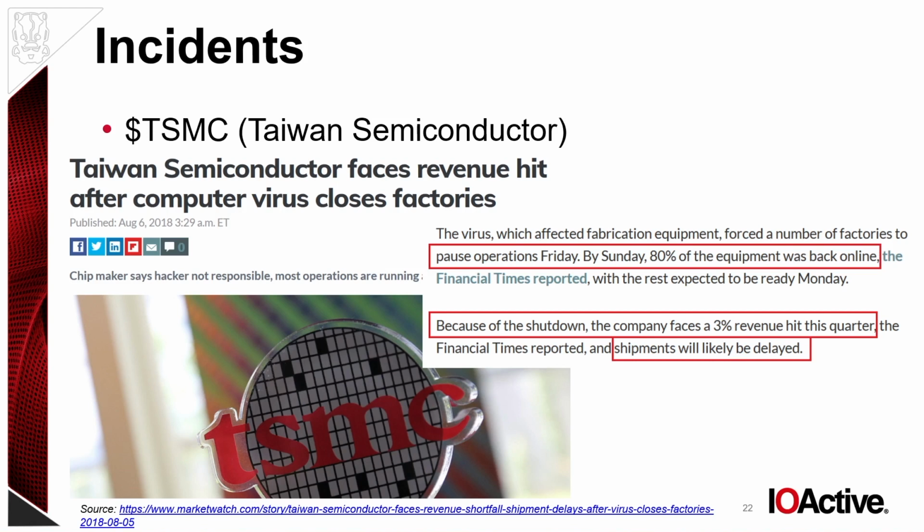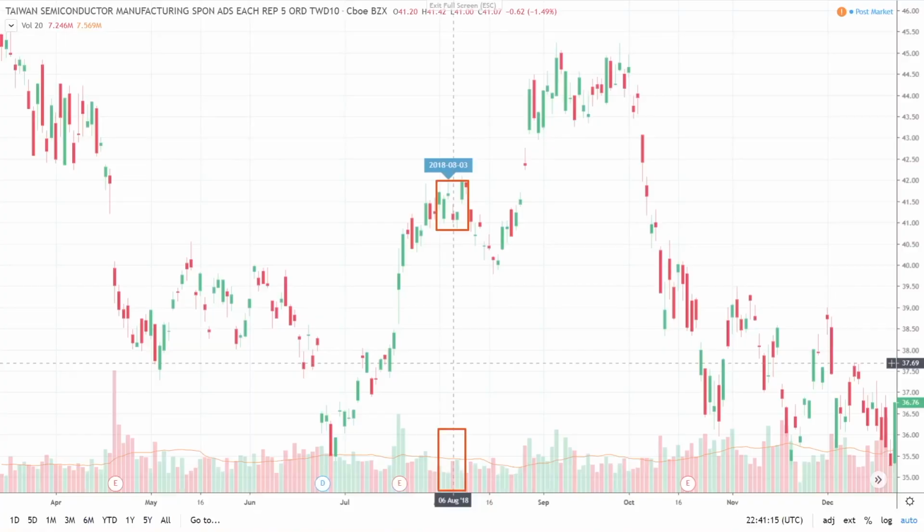As I said before, the fundamentals reflect the real impacts of these problems, such as this one. This problem will affect the revenue by 3% and the shipments will be delayed. But in the short term, we will see by Monday a small drop of minus 1.49%, but still the price went up.